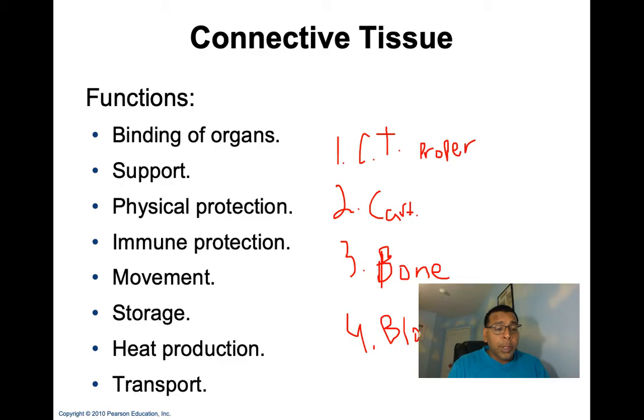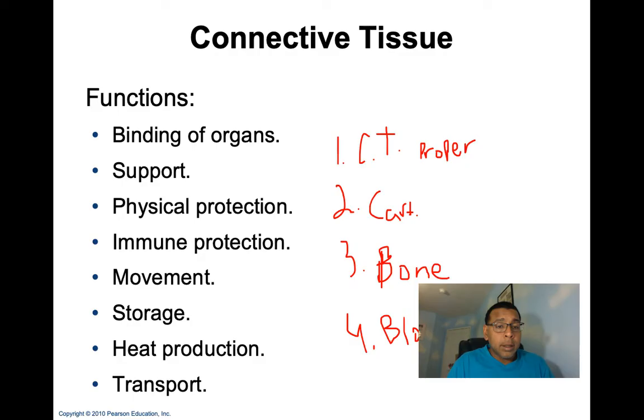Now, when we talk general functions, we could see connective tissue is going to do more than just connect, like I mentioned to you guys before. It'll also be responsible for binding organs, supporting organs, protecting our organs. It'll provide both physical protection and immune protection.